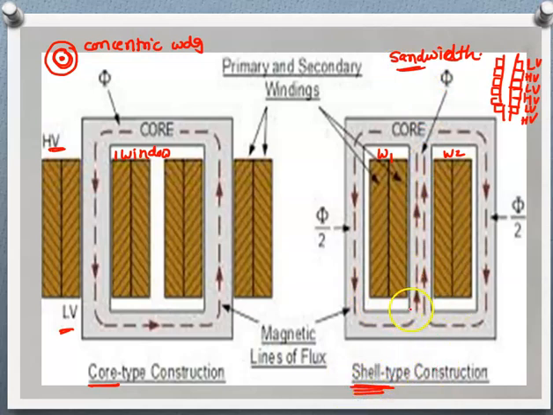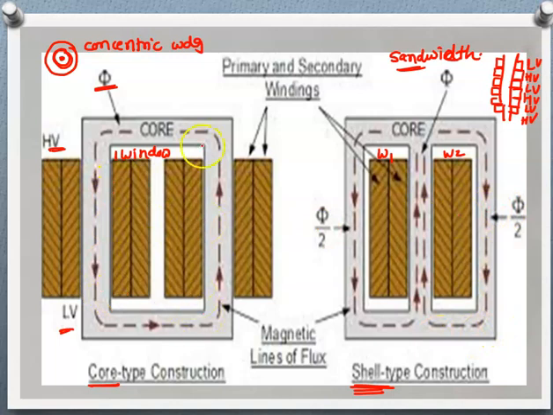We use the sandwich type winding when we have this shell type construction. See here, this is the flux path, which is the only one path in the core type construction, but in the case of shell type construction, we have these two paths where this flux phi is divided into two parallel paths. Here we have two magnetic paths.